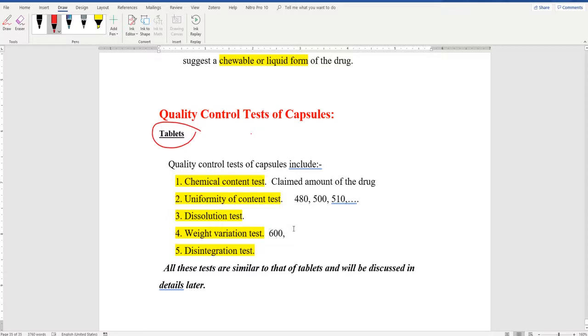So here you are looking only at the weight, using a balance طبعا. So the first formulation is 600, the other one is 610 milligram. The third capsule contains مثلا 580 milligram, and then you see according to the pharmacopoeia, is this acceptable variation? هل الفاريشن هون acceptable or not? بينما هون شو?